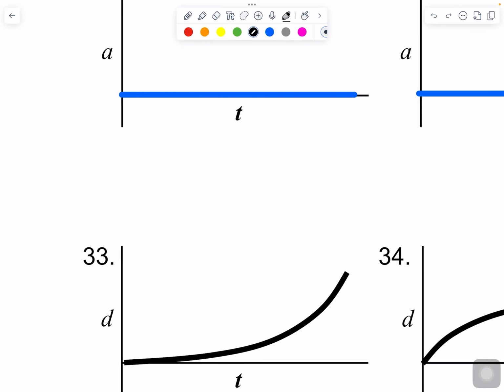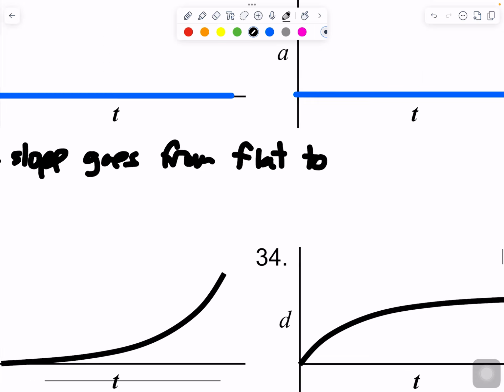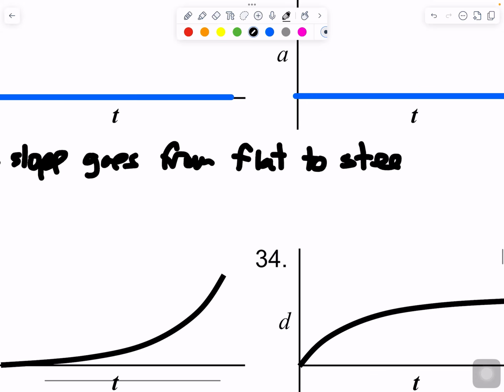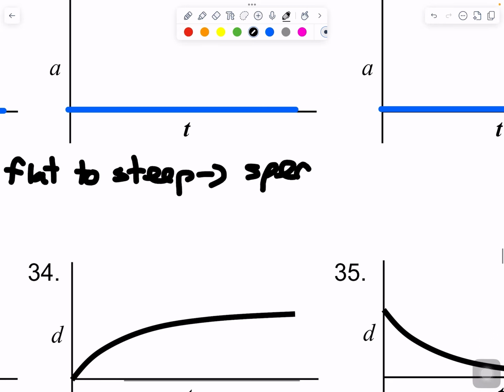When your slope goes from flat to steep, your object is speeding up.